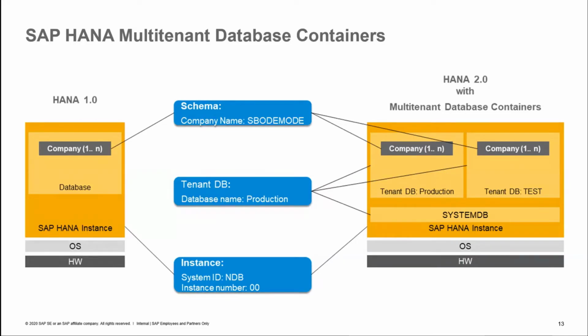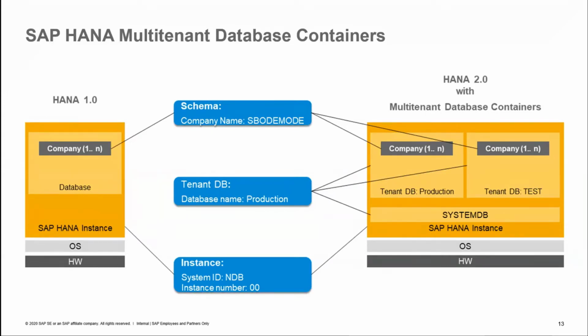But the databases also have an additional subset, which is called the database schema. Basically, the Business One company database is represented in SAP HANA as a database schema, not a database.